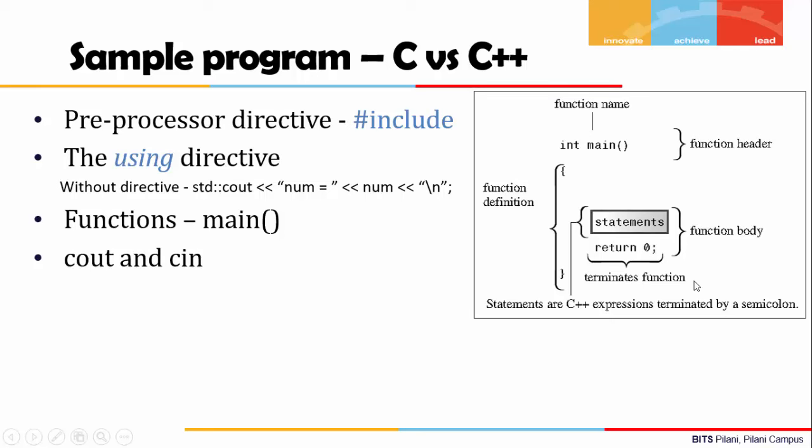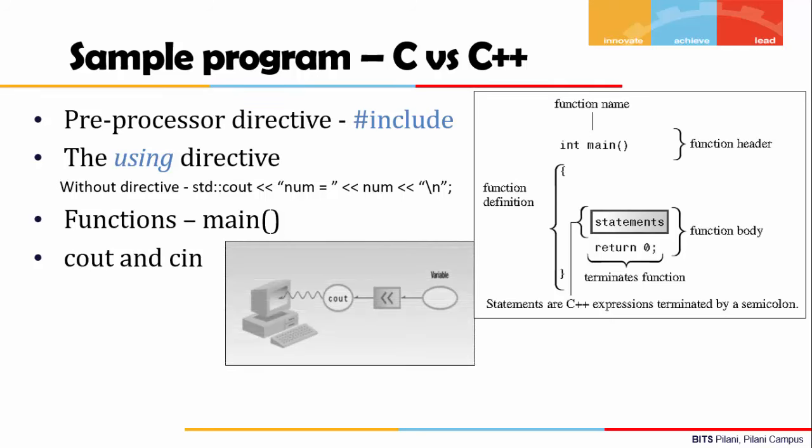Next, the identifier cout is predefined in C++ to correspond to the standard output stream. The standard output stream flows so the screen displays the output. Also, it can be redirected to other output devices.